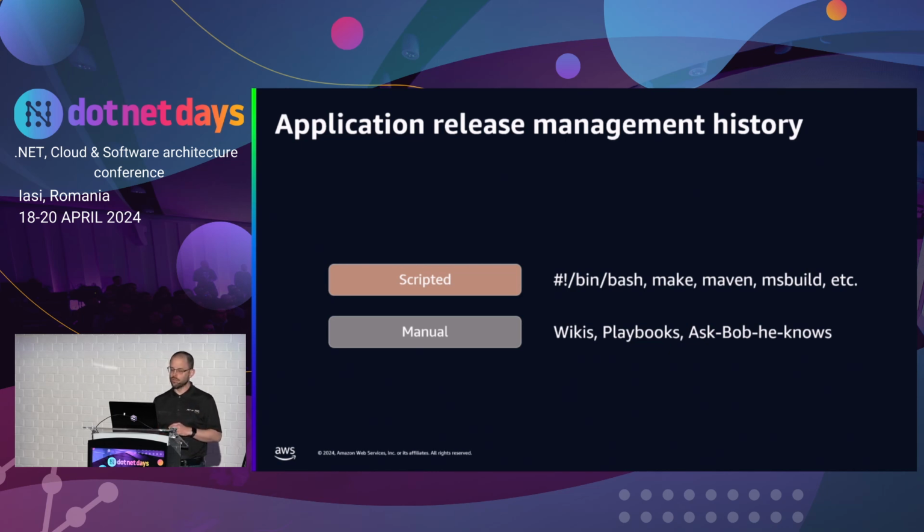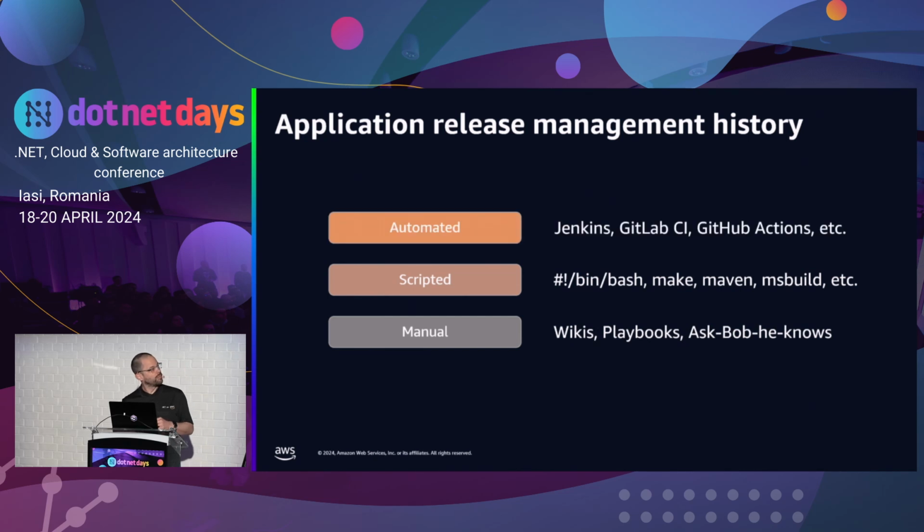So we tried to automate the deployment and the run of the script using tools like Jenkins, GitLab CI, GitHub Actions, Azure DevOps, Amazon CodeCatalyst, and so on and so on. There are many, many tools that help you to automate your deployment pipeline. And if you don't use one of those tools, I really encourage you to start investigating them.